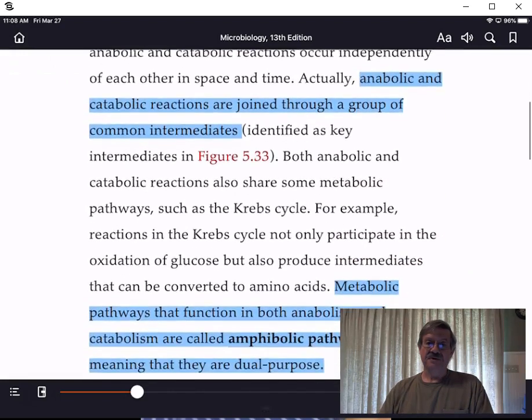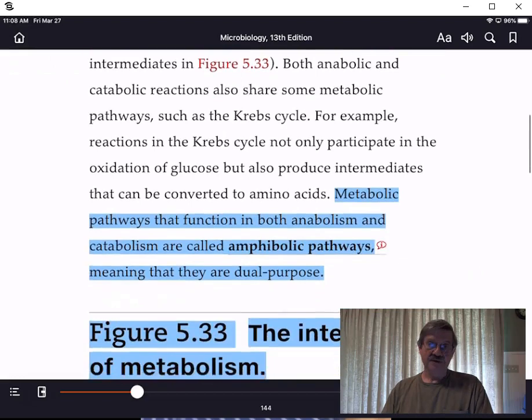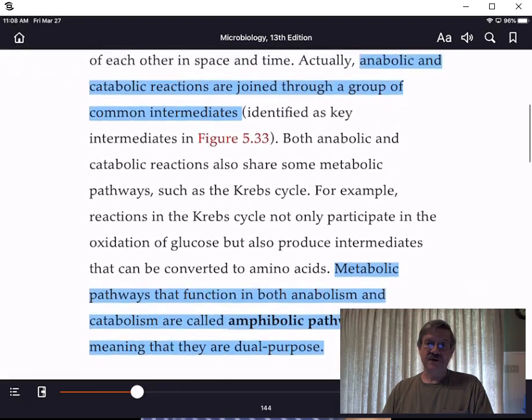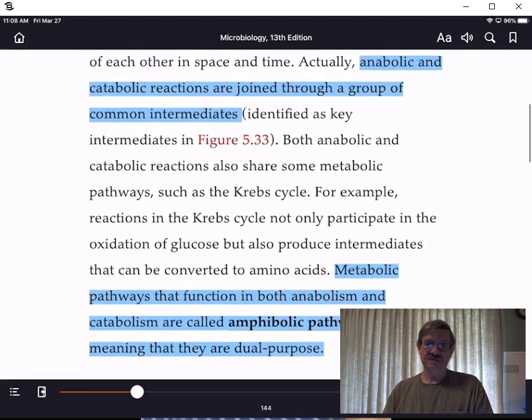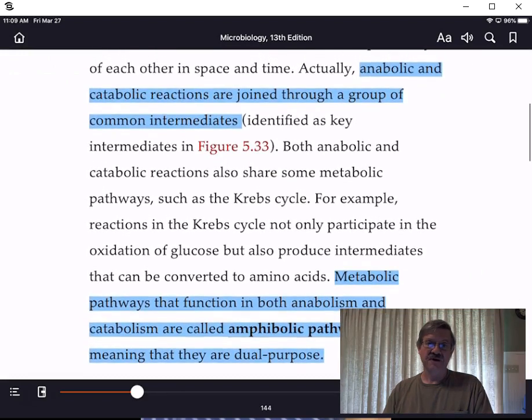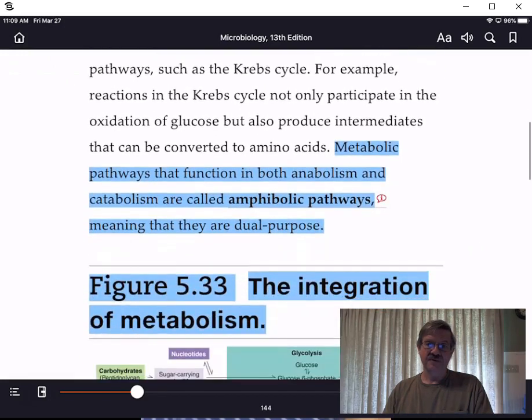Now, we've looked at anabolic and catabolic reactions, how these two work together, and that the intermediates from catabolic reaction, breaking down process, will be used in the anabolic process. Also, the energy derived from the catabolic process is used to drive the anabolic process.